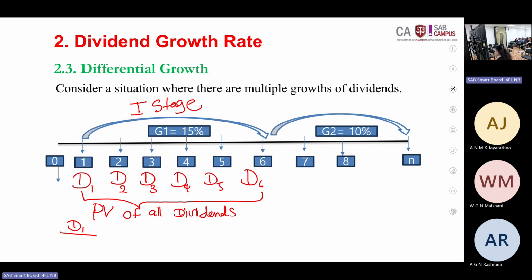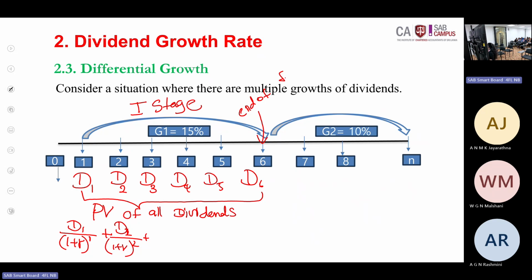D1 divided by 1 plus R to the power n, which should be 1. Is that all? No. You have to calculate D2 divided by 1 plus R to the power 2, and likewise until the end of the first stage.